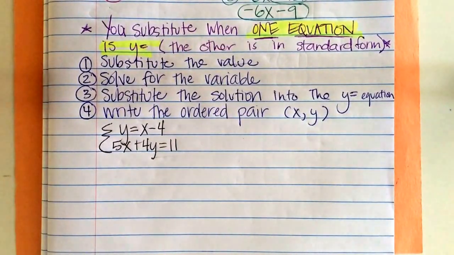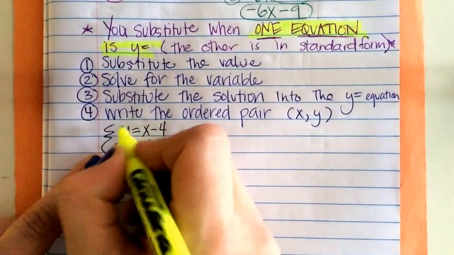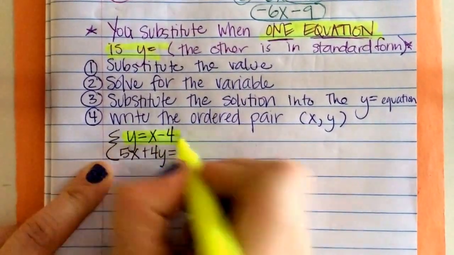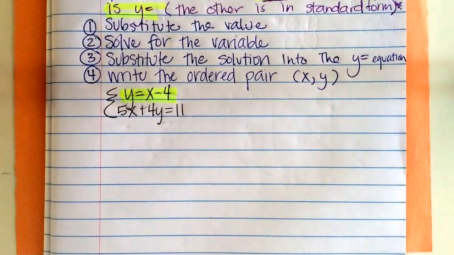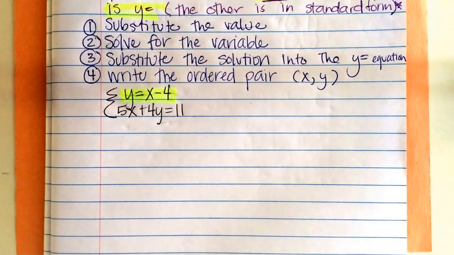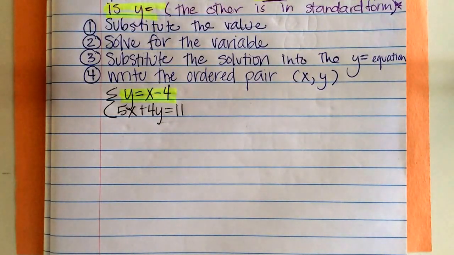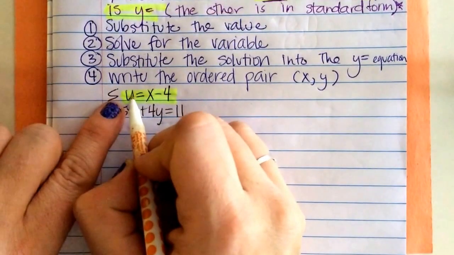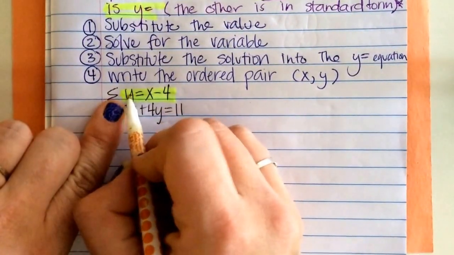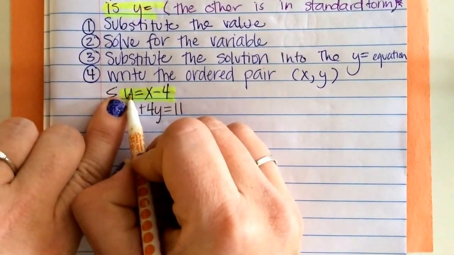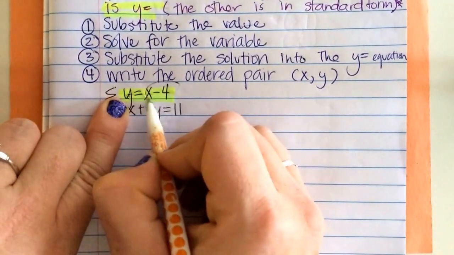So here we go. I like to highlight the one where the y is alone. It's a little reminder to me that that's the one that I'm working with. So that means instead of y, what do you substitute? Instead of y, you're going to put x minus 4.